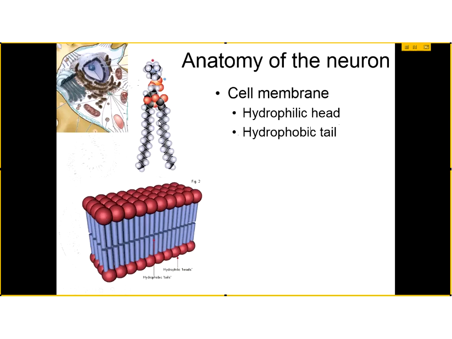Right here we can see this tail portion that doesn't like to be next to water. So if you were to have a bunch of these phospholipids together and you were to put them in water, they would automatically align in this structure, where the heads are oriented towards where the water is located and the tails would be oriented to one another.